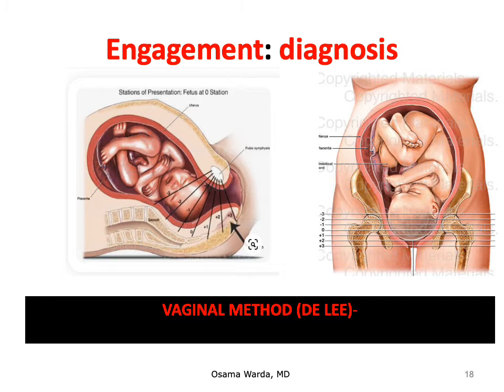Engagement begins when the lowermost bony part of the fetal head is felt at the level of the ischial spine. Stations of the fetal head are assigned positive or negative according to their distance from the ischial spine.